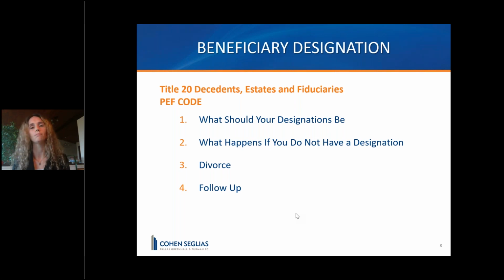So really important. One, what should my beneficiary be? Well, I'm not sure for your particular situation, but there should be a primary beneficiary and there should be a contingent beneficiary.